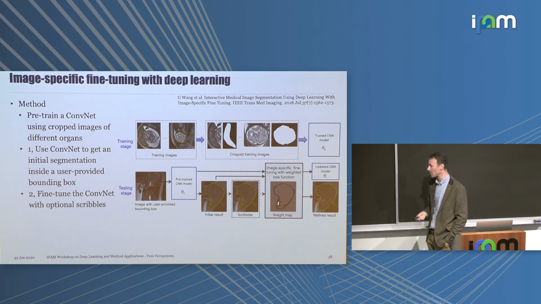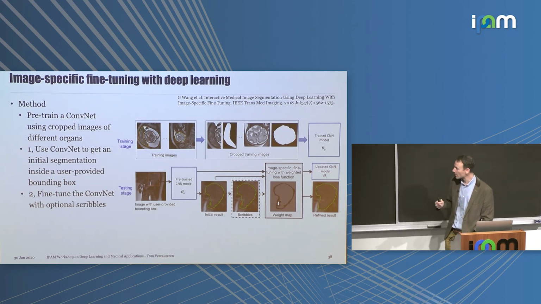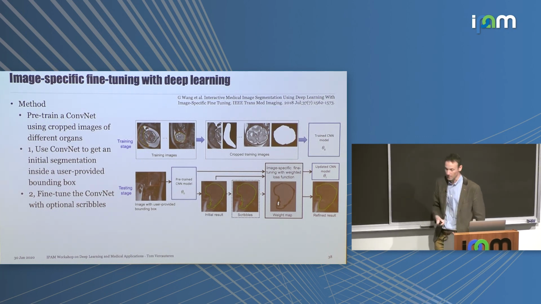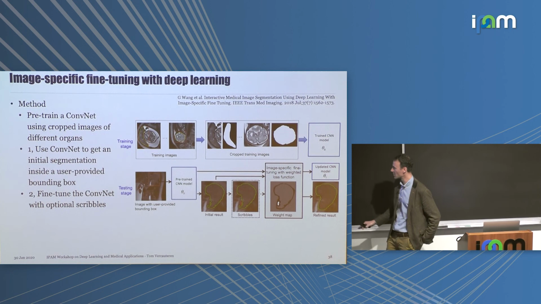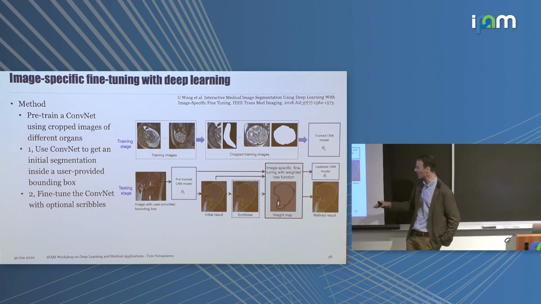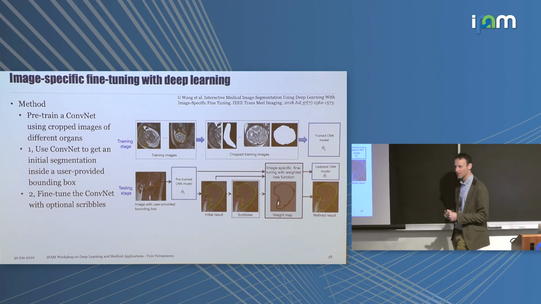And this gives us an output. And again, we use the same kind of tricks of having a conditional random field to make sure that the hard constraints are met. And we also use some of the geodesic distance maps, so that when we retrain, we know which region to trust or not to trust.